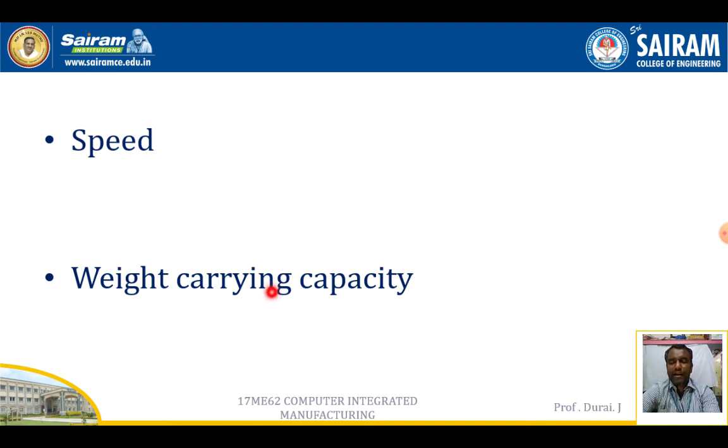Then comes the weight carrying capacity. The weight carrying capacity refers to the maximum weight that can be handled by a robot at its end effector. For example, suppose the total weight carrying capacity is 125 kilograms, and the end effector weighs 25 kilograms. That means the capacity includes the end effector weight, so the total weight it carries is 125 kilograms.